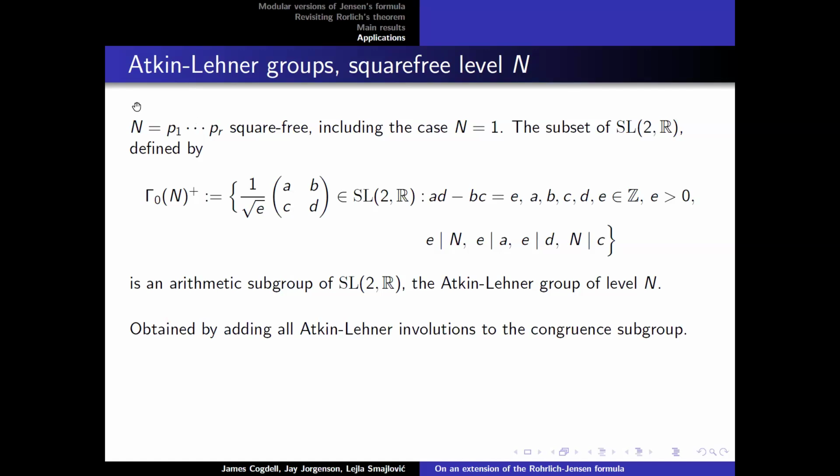So we will look at the square-free level n, which is a product of r different primes. So the case n equals 1 is just the modular group. And the Atkin-Lehner group can be defined by the group generated by gamma naught n and all Atkin-Lehner involutions, or in this way very explicitly. So it is a group of matrices with the stated properties.